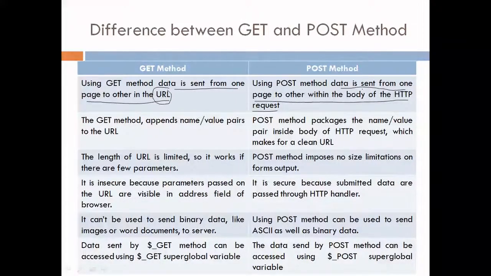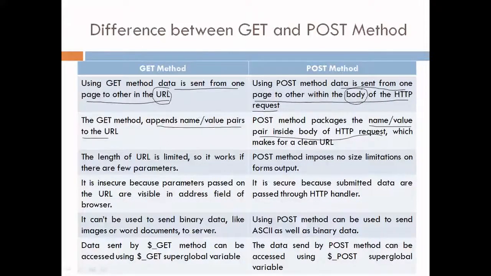A get method appends name-value pairs to the URL, so that is visible in the query string. While a post method packages the name-value pairs inside the body of the HTTP request, which makes our URL clean.